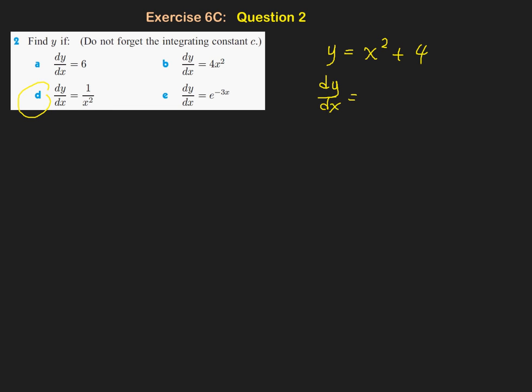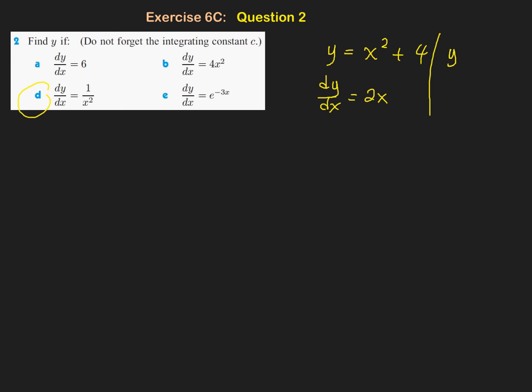and the reason I'm talking about this is because of this sentence in brackets. Why they ask you not to forget the integrating constant. Look at this. If you differentiate this, you get 2x. Okay, fine. Everybody knows that, if you're familiar with calculus.